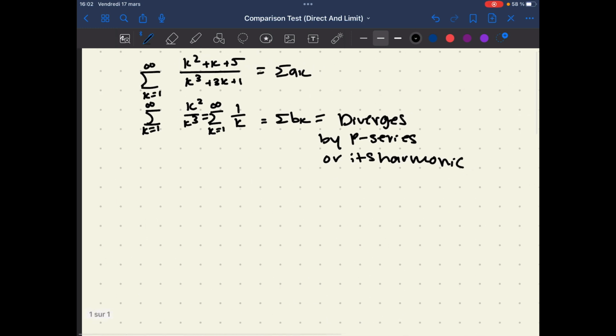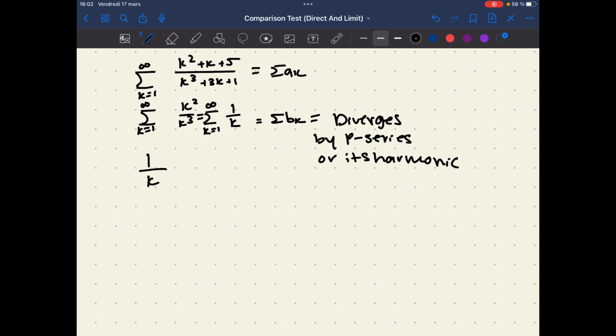We know that the series of 1 over k is less than all this right here. Let me erase all of this because it is a lot simpler. The series of b sub k is less than the series of a sub k.